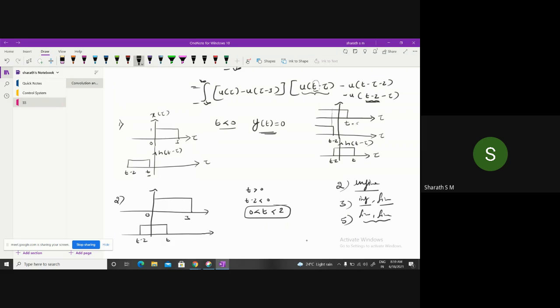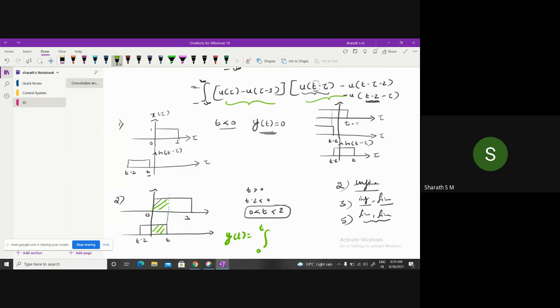Now where are these two overlapping? How much is overlapping? 0 to t. So only this much of part is overlapping. So y of t equals the integral with limits from 0 to t, and the whole signal is with respect to the unit step function.